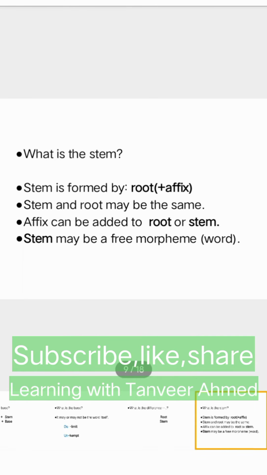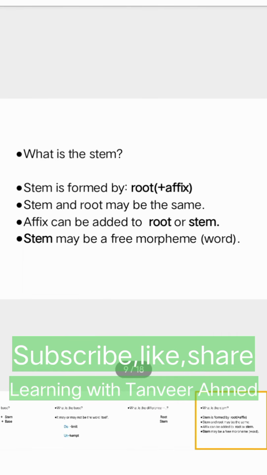The titles root, base and stem depend upon the construction of the word. Nothing is predetermined here. Sometimes the same word behaves as a root and as a stem and as a base, but sometimes it behaves differently.